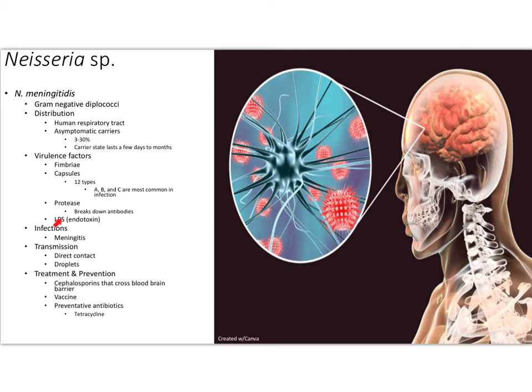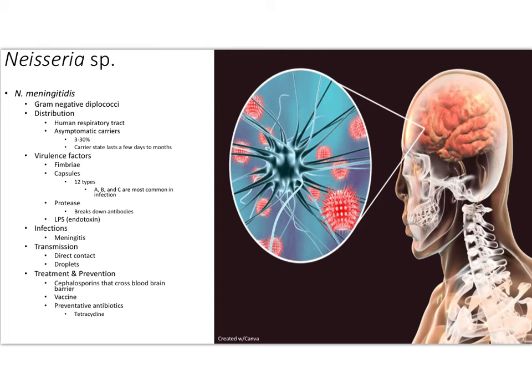So LPS is dangerous all the time, but in this case it is especially problematic because this bacteria sometimes migrates from the respiratory tract region to the brain and the spinal cord, and that inflammation is very problematic in that area.